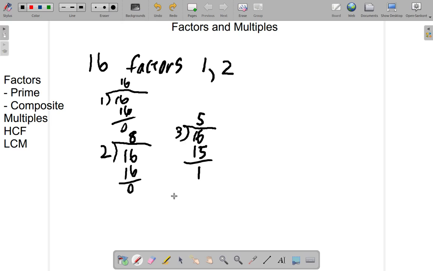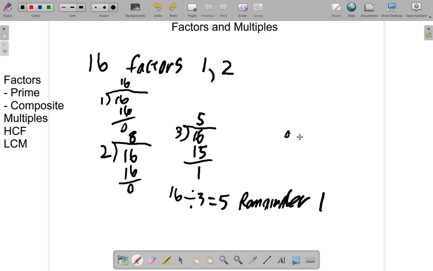So what we can say is 16 divided by 3 is 5 and we have a remainder of 1. So 3 is not a factor of 16.